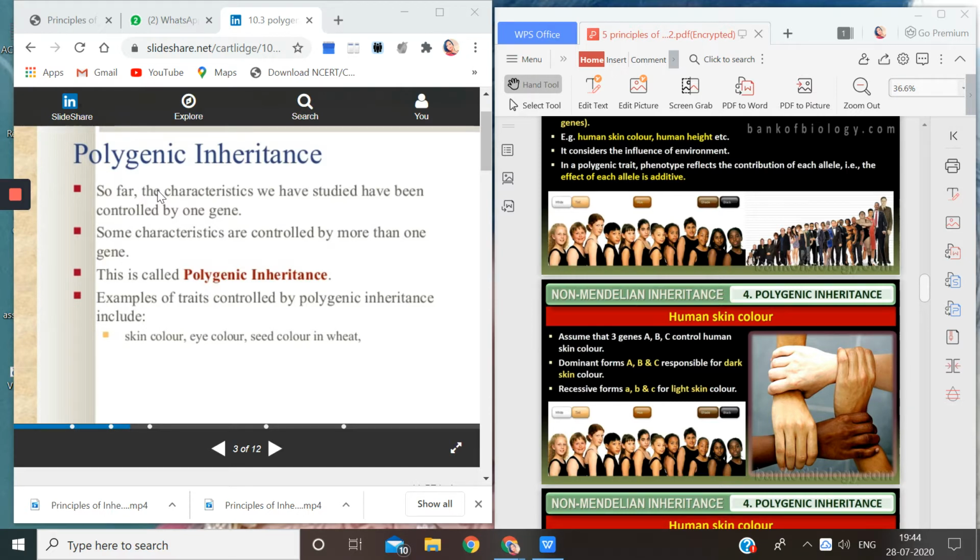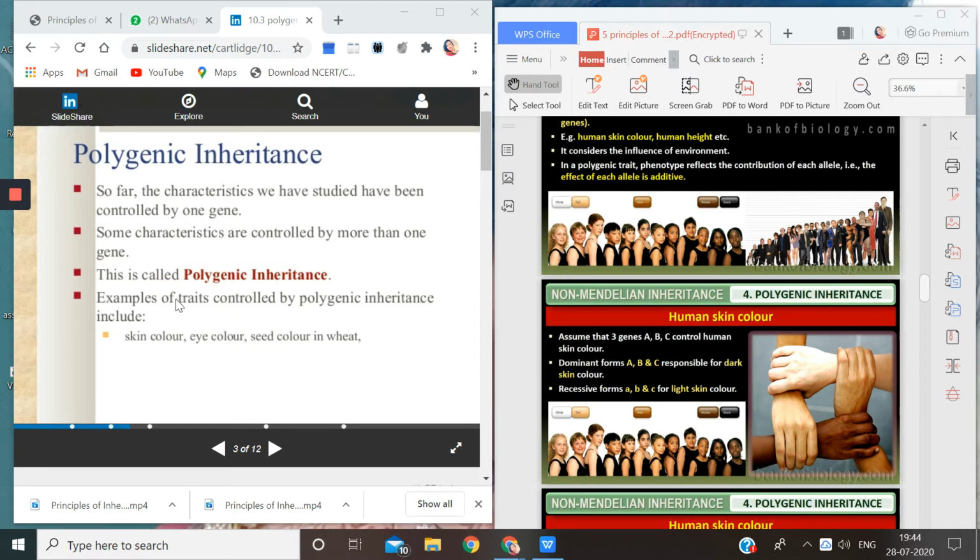But some characteristics are controlled by more than one gene. Generally one character is controlled by one gene, but sometimes a few characters are controlled by more than one gene. Then this is the case of polygenic inheritance.